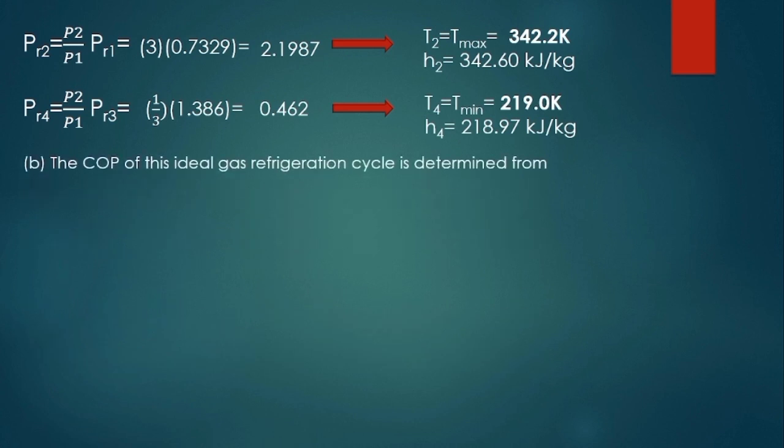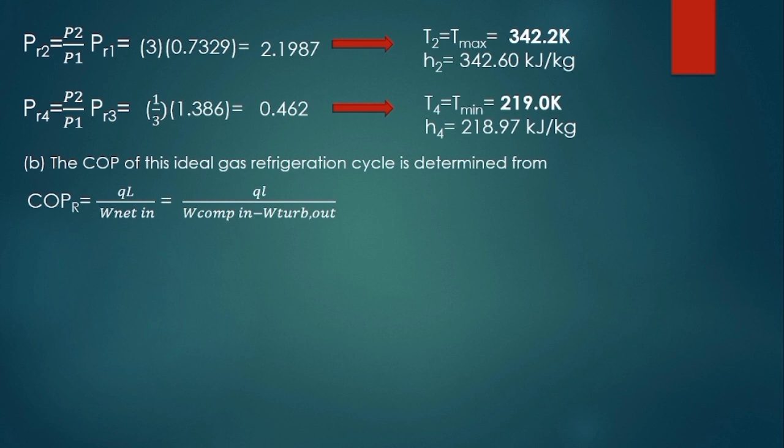Then after that, we're going to find the COP, or coefficient of performance, of this ideal gas refrigeration cycle, determined from the equation COP refrigeration is equal to QL over work net in. So the other equation for that is QL over work compressor in minus work turbine out.